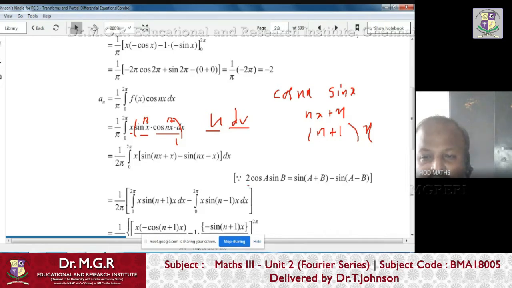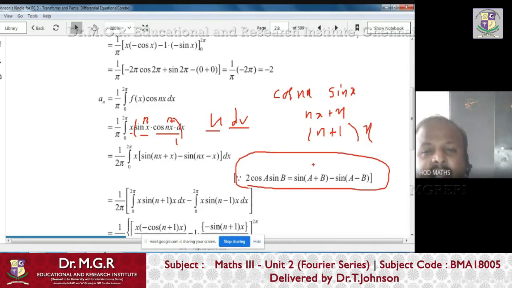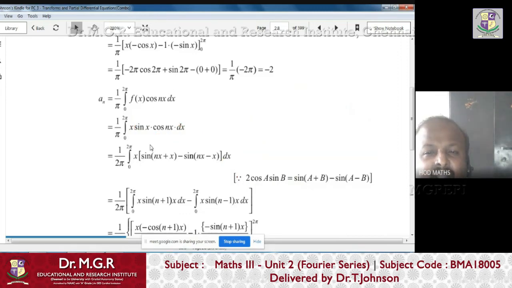So they use this formula: 2 cos a sin b is sin a plus b minus sin a minus b. So sin of nx plus x minus sin of nx minus x, right? Now what is the only change? Previously these two trigonometric functions were in a product. Now they are in a summation, or a difference.